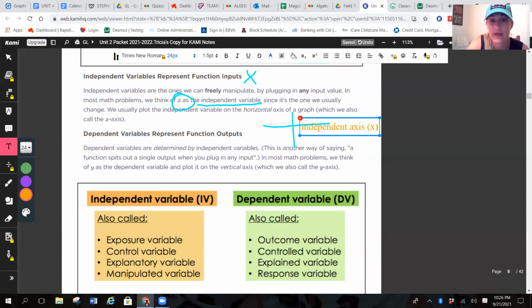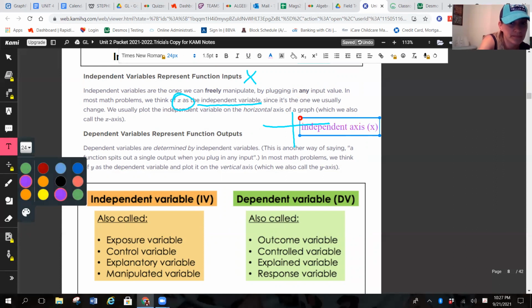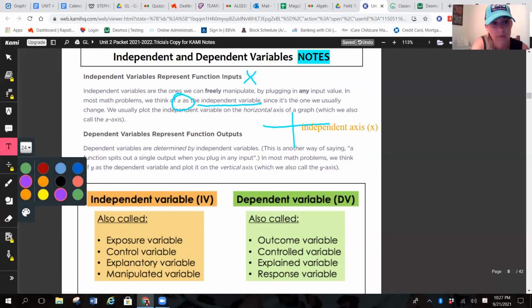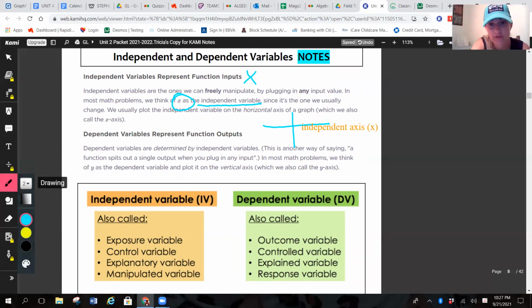Okay, independent variable is your X. So the opposite of that would be your dependent variable. And dependent variables are your Y. Dependent variables are determined by the independent variable.